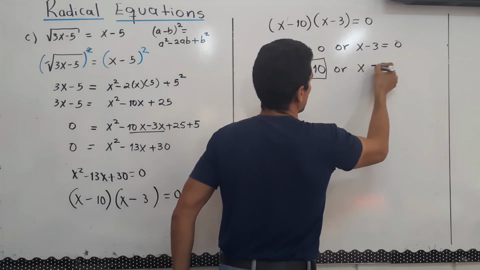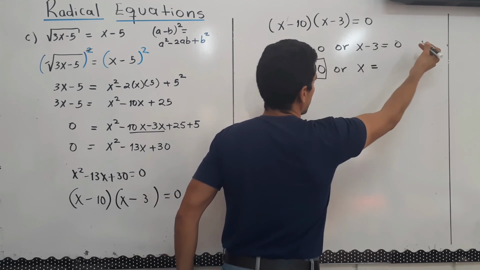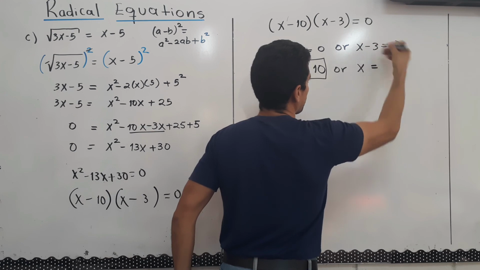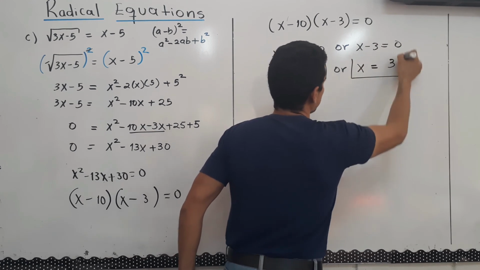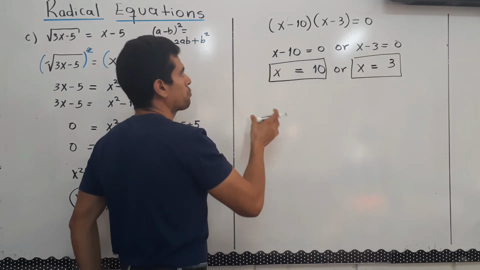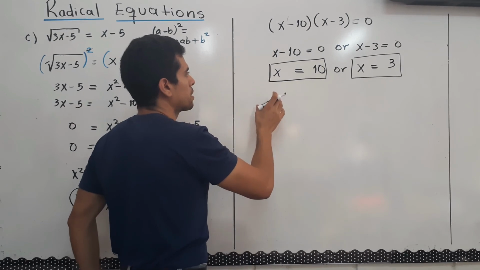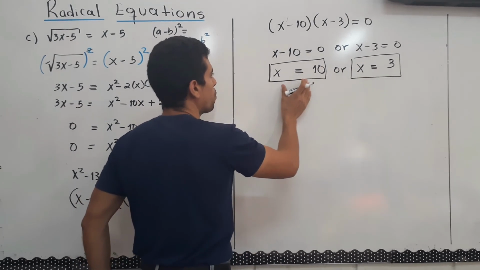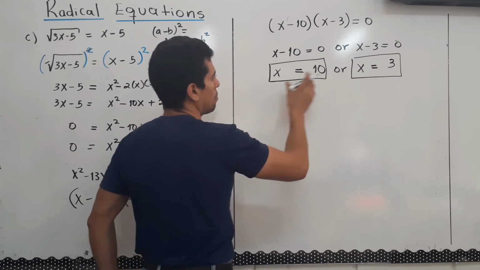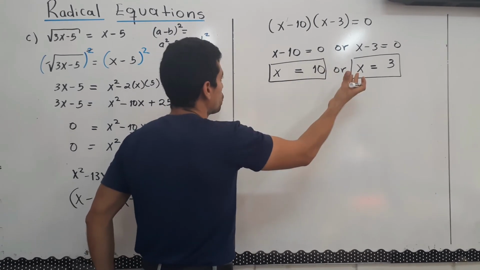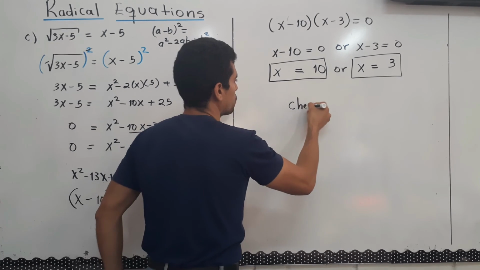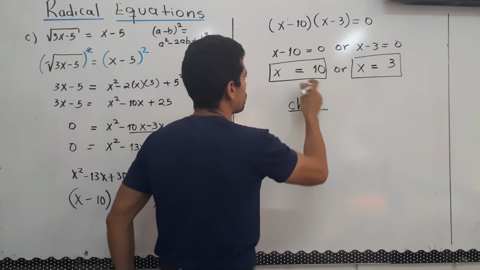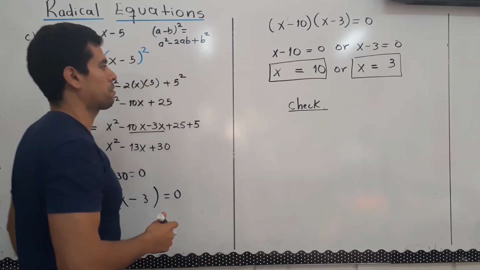Or x is equal to, pass the 3 to the other side to add, 0 plus 3 is going to be 3. I have two solutions. So what you have to do now is to know if they both are solutions. You might have only one, two, or maybe it has no solution. So that's why you have to do the check of the exercise to see if they both are solutions for this exercise.